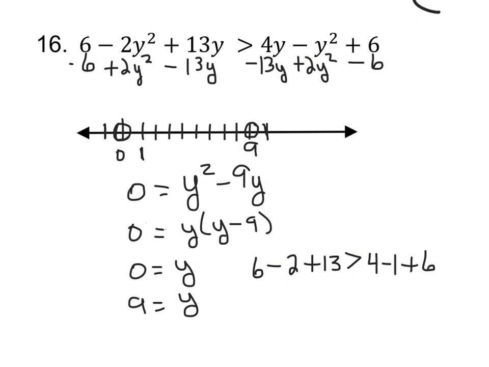Well, 6 minus 2 is 4, and 4 plus 13 is 17. And indeed, that is greater than 4 minus 1 is 3 plus 6 is 9. So that's true. That means I'm going to be shading my inequality in between the circles. And that's it.